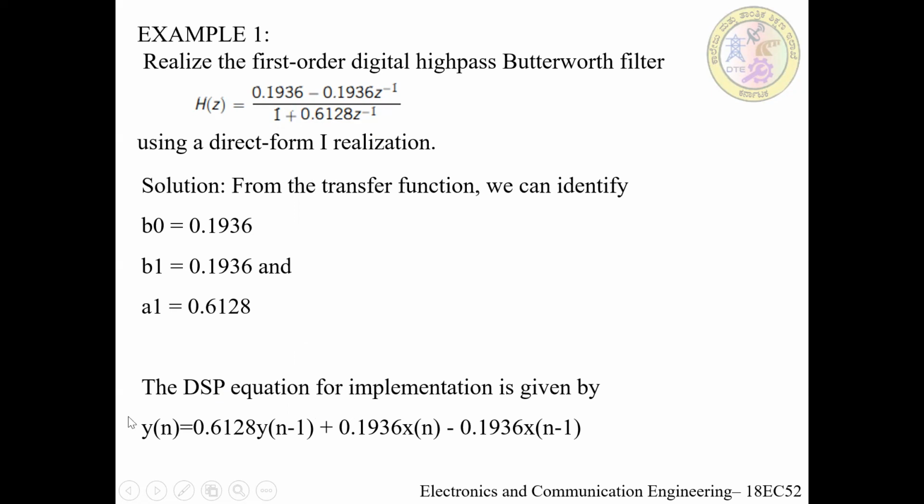Using that we can implement. So that will be y of n is equal to minus 0.6128 y of n minus 1 plus 0.1936 x of n minus 0.1936 x of n minus 1.